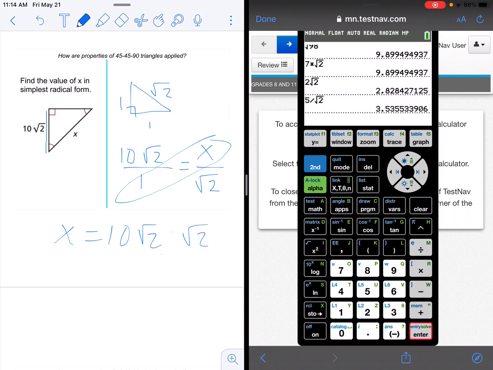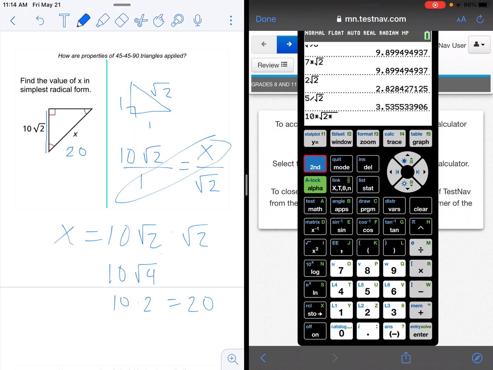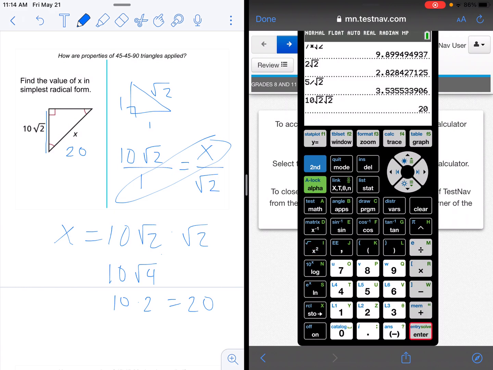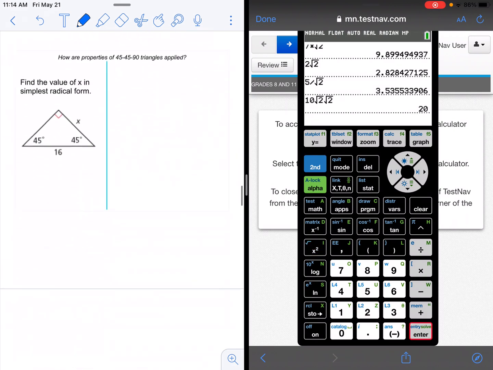Square root of 2 times the square root of 2 would be the square root of 4. And the square root of 4 is 2. And 10 times 2 is 20. So our hypotenuse is 20. Or you're welcome to use your calculator. 10 square root of 2 times the square root of 2. You get 20. Either way.